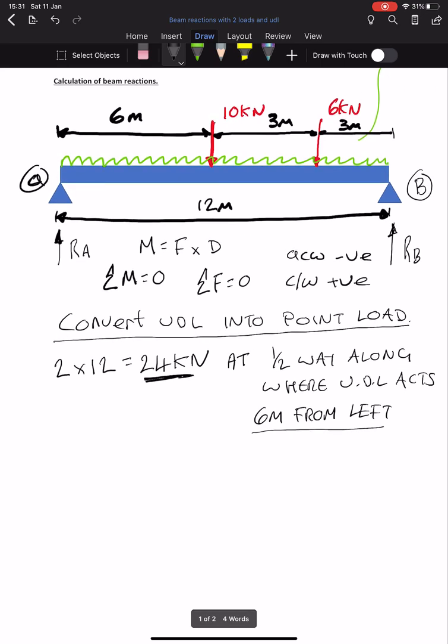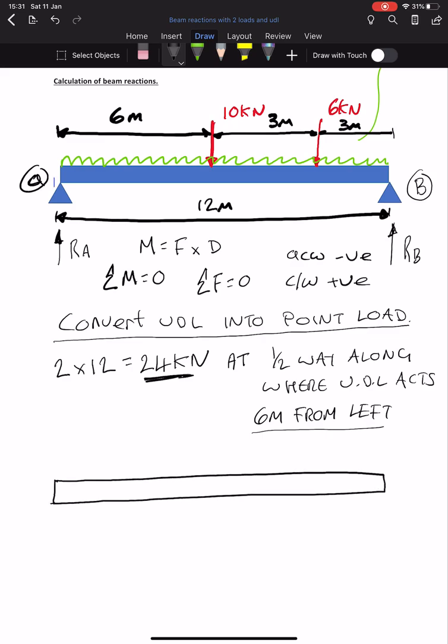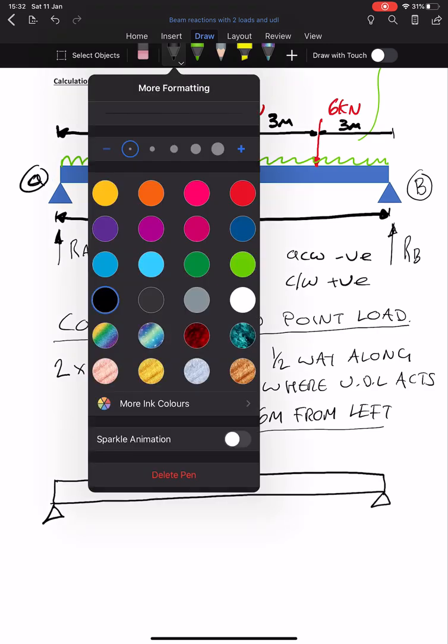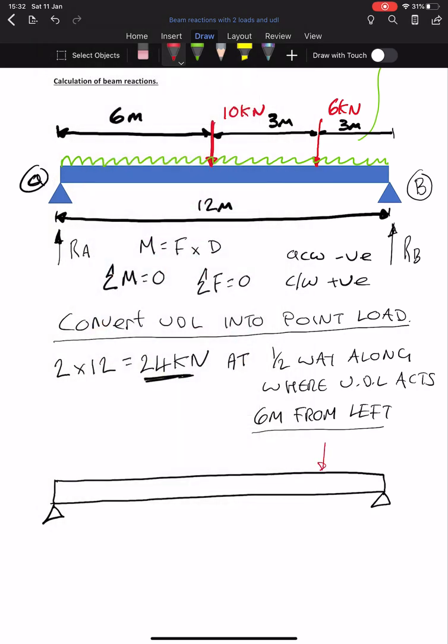So I'll just redraw what it looks like. So here's my beam. Quickly draw it again. That's my supports. I've got my 6 kilonewtons there, same distance. I've got my 10 kilonewtons there, they haven't changed. I've also got now this 24 kilonewtons at 6 meters from the left.